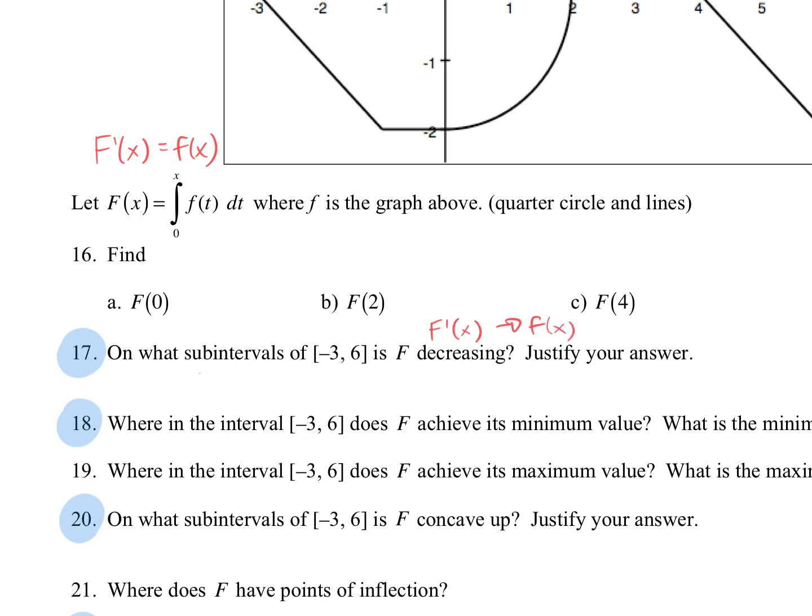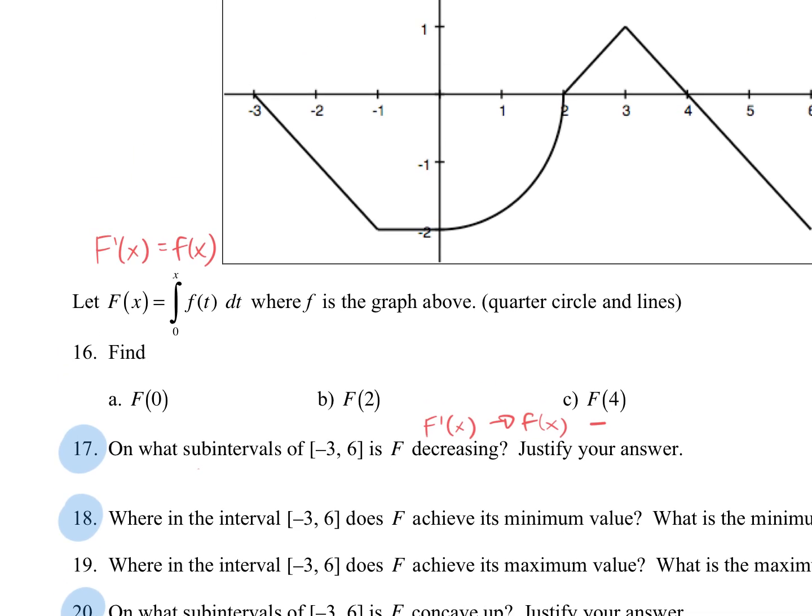Where is that negative? That's going to tell me where capital F or big F is decreasing. So big F is going to be decreasing on the interval from -3 to 2 and from 4 to 6.